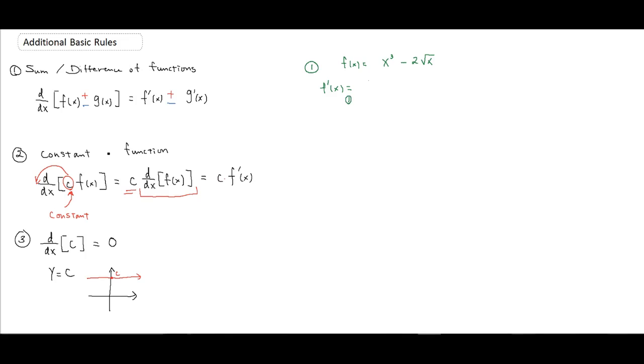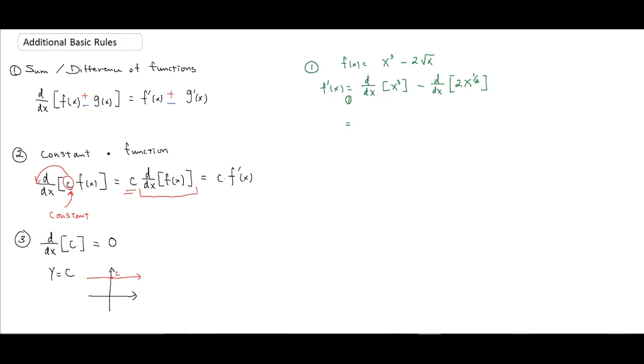Rule number 1, I can differentiate term by term. So that would mean that I can differentiate x cubed minus the derivative d dx of the function 2 square root of x. But let me just write that square root of x as x to the 1/2. So this is using rule number 1 there.